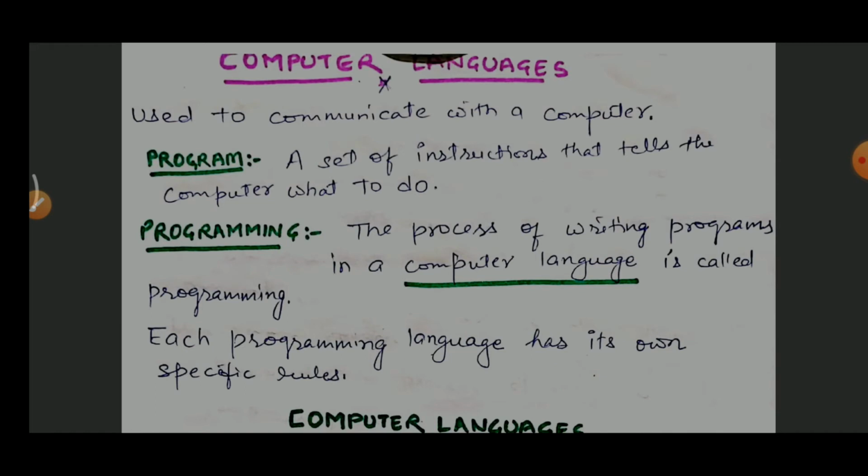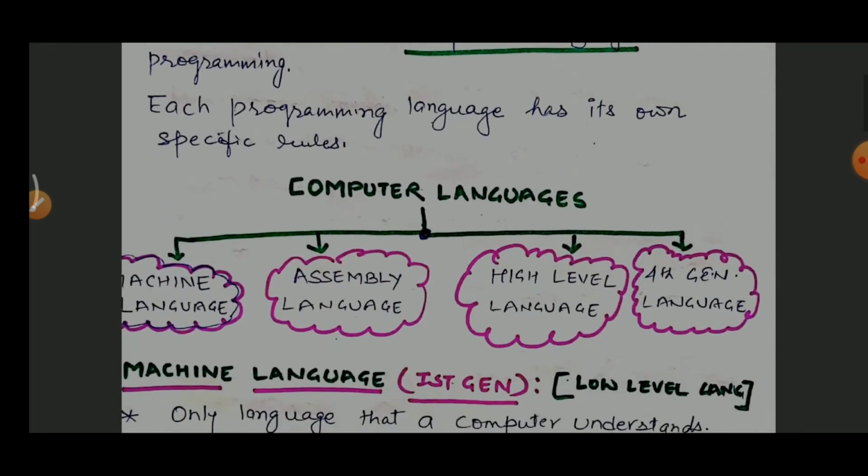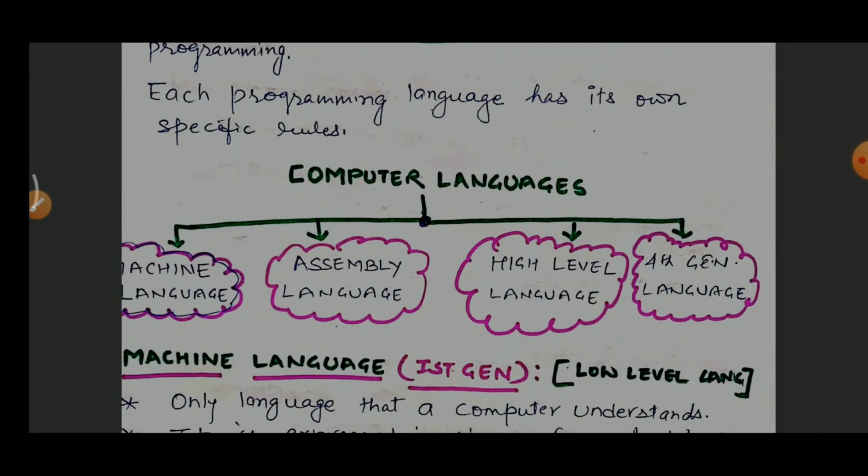Next one is types of computer languages. The development of computer languages has been classified into the following categories. The first one is machine language, second is assembly language, third is high level language, and fourth is fourth generation language. Also, we can categorize these languages into two categories.